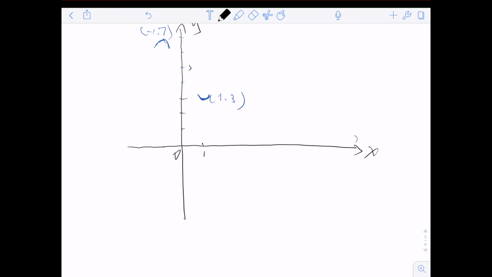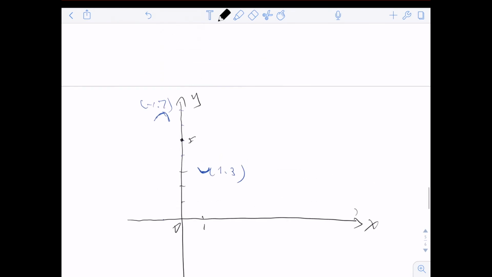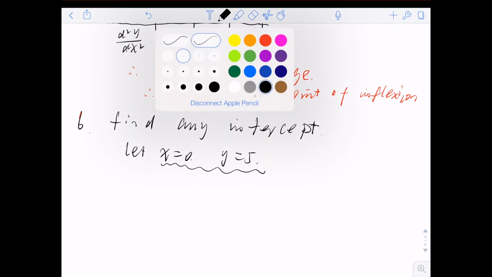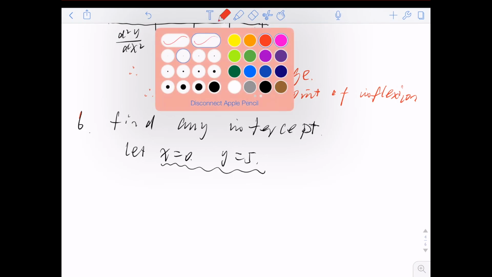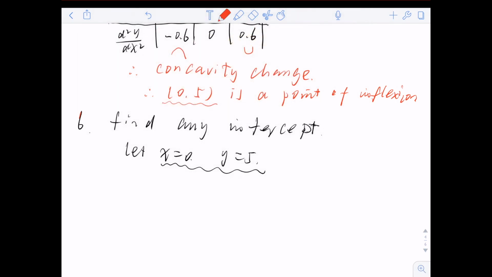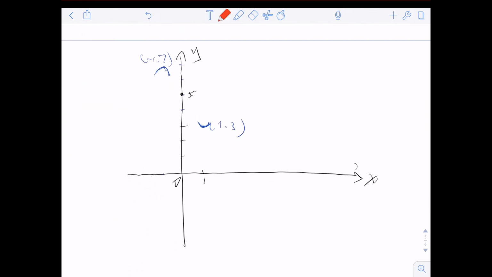Here, nice, 5, this y-intercept. And this point is also my inflection point, which is 0, 5. So I label the inflection point.